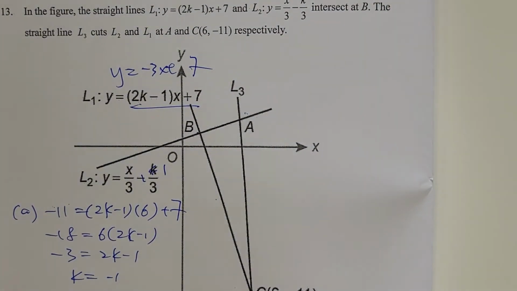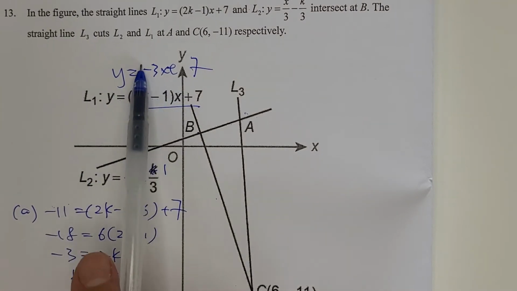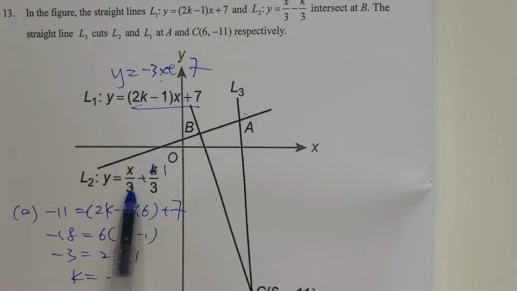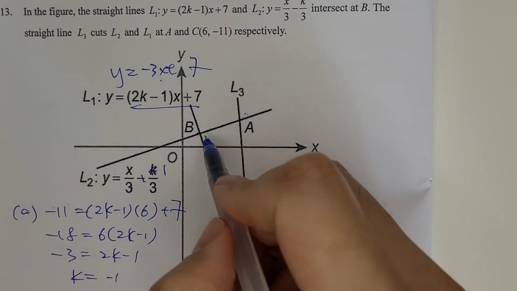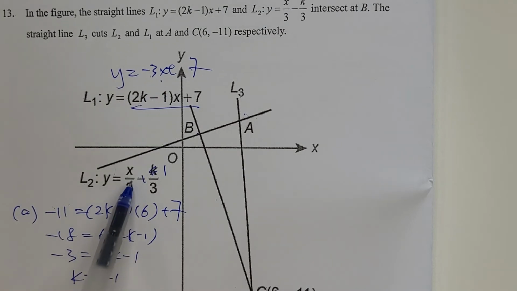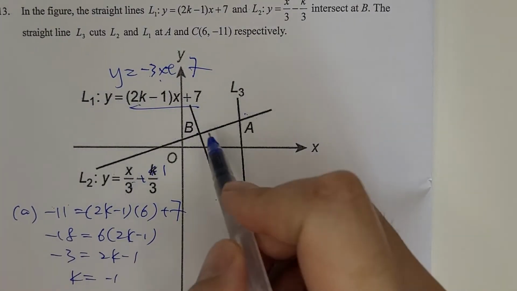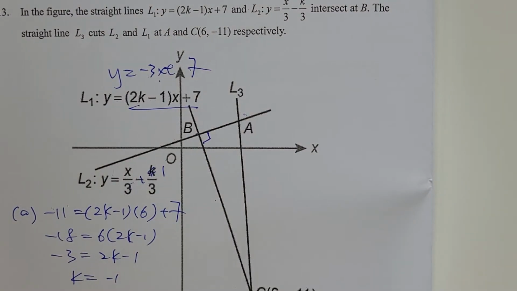So pay attention here. L1 and L2 have slopes negative 3 and positive 1 over 3 respectively. That means the product of their slopes is negative 3 times 1 over 3, that is negative 1. And that means they are perpendicular to each other.